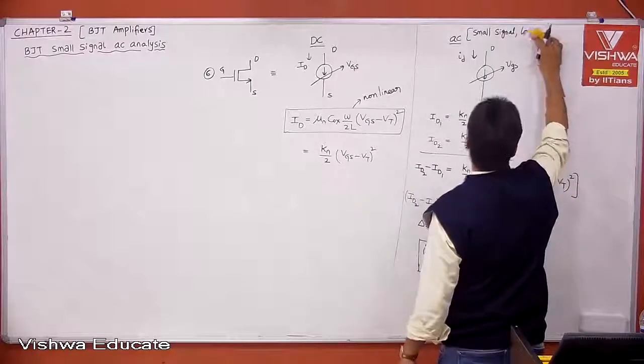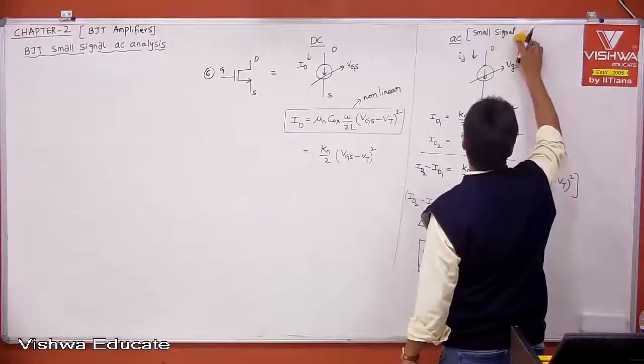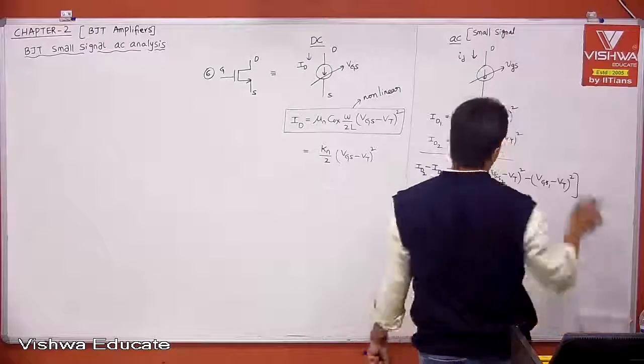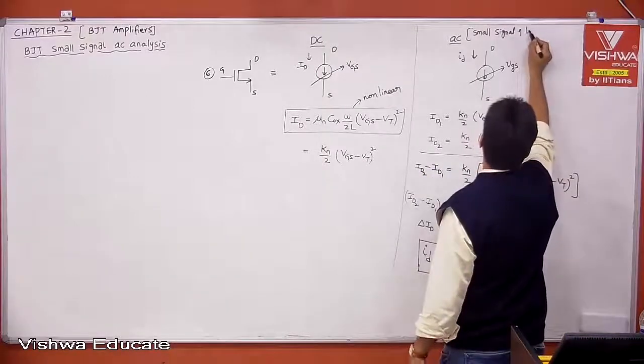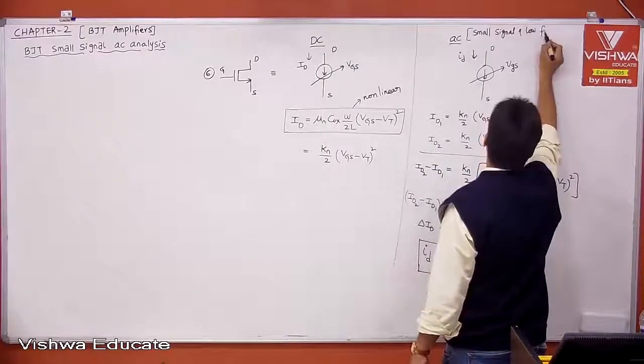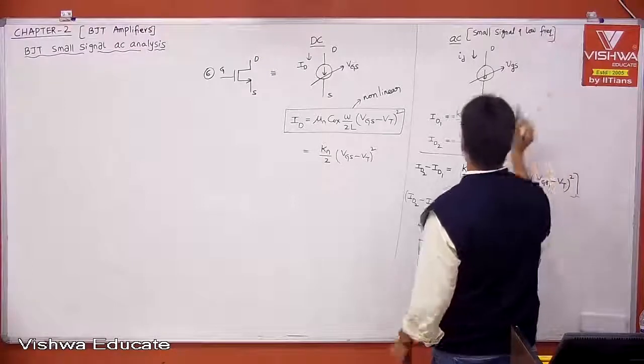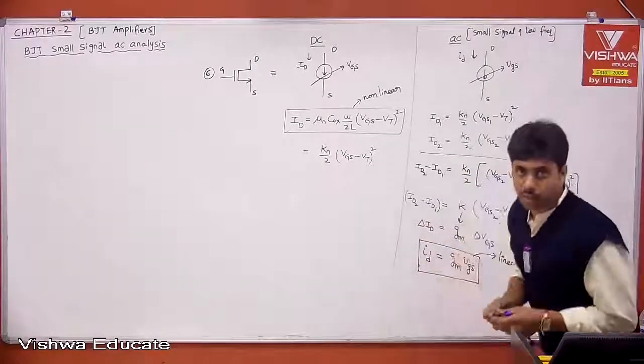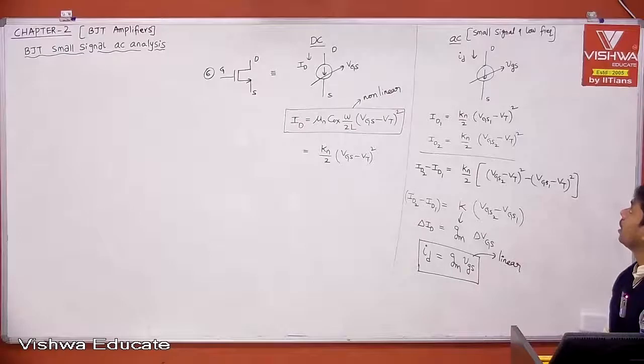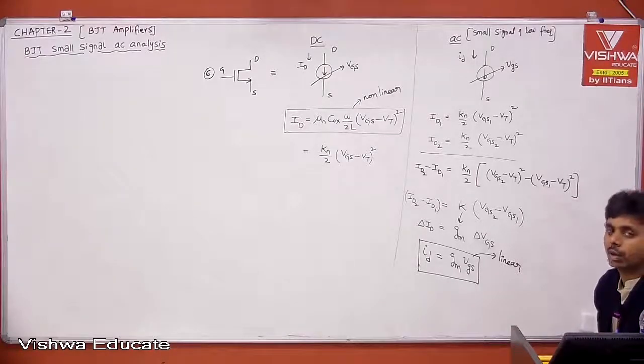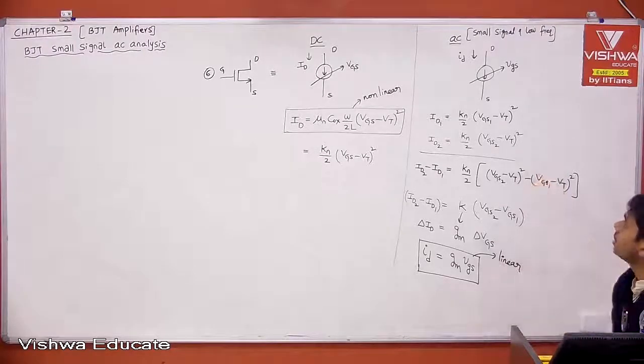Instead of that, small signal and low frequency. You will understand why it is small signal and why it is for low frequency. But you need to give me some time until we complete the BJT amplifier and MOSFET amplifiers. Then you will understand why it is small signal and why it is only for low frequency.